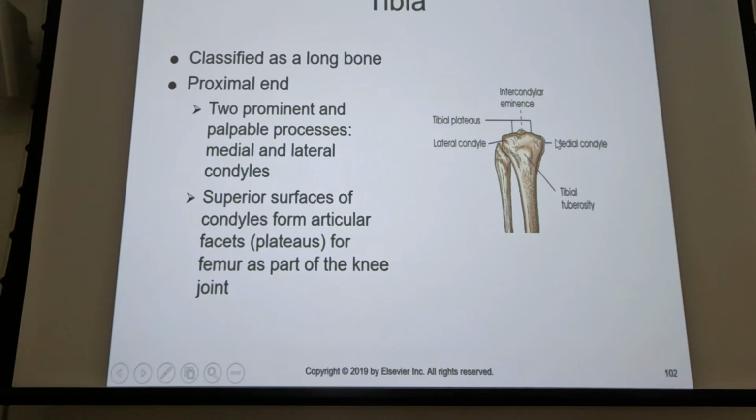And then we've got two condyles, medial condyle, lateral condyle, and then we've got a tibial plateau, just like the mesas of West Texas where the mountains are flat on top, right? And that's what we call a plateau. So it's tibial plateau, and then you've got these little spikes here that are the intercondylar eminence.